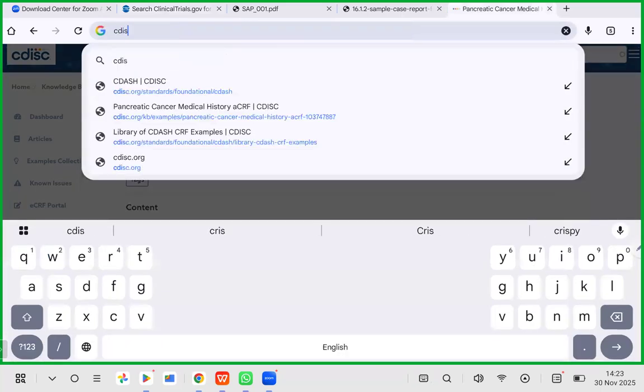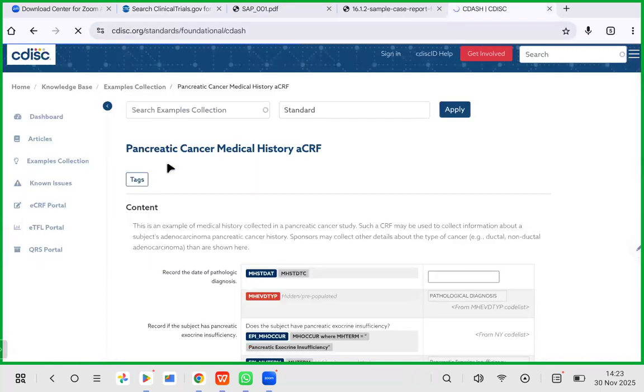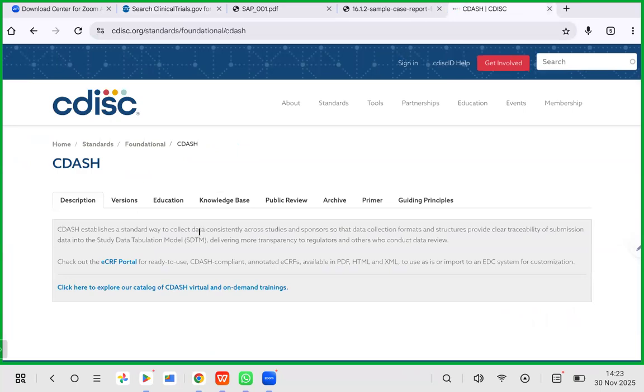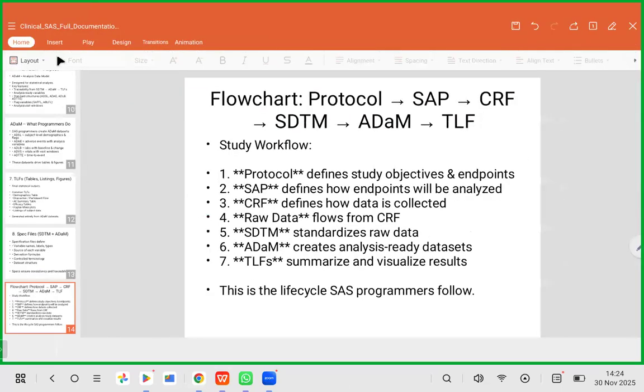Okay. So you want to know about this website? Yes, yes. So CDISC is nothing but... okay, I will explain with one simple example.